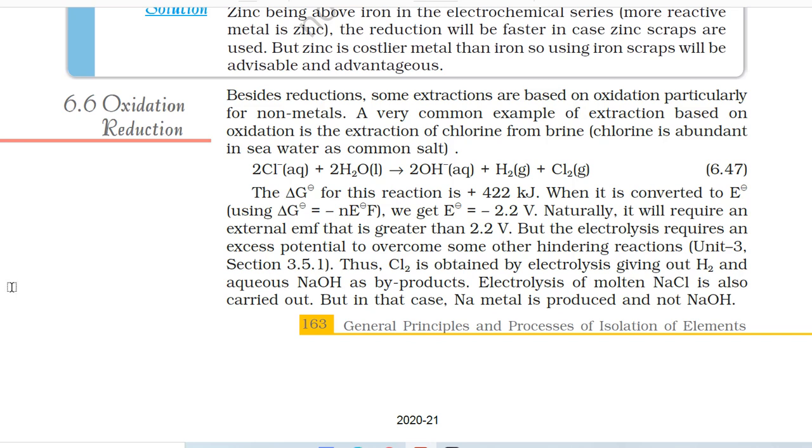The Cl2 is obtained by electrolysis, giving out H2 and aqueous NaOH as byproducts. Electrolysis of molten NaCl is also carried out, but in that case sodium metal is produced and not NaOH.